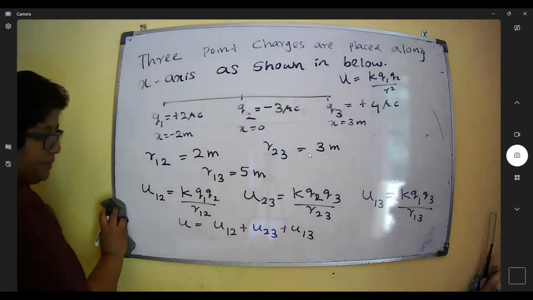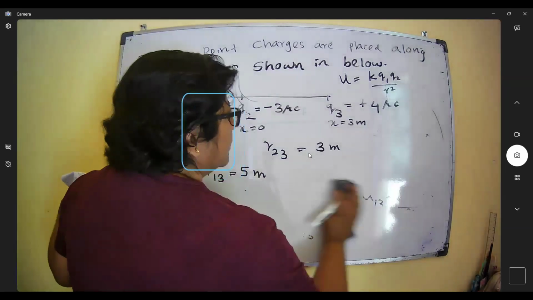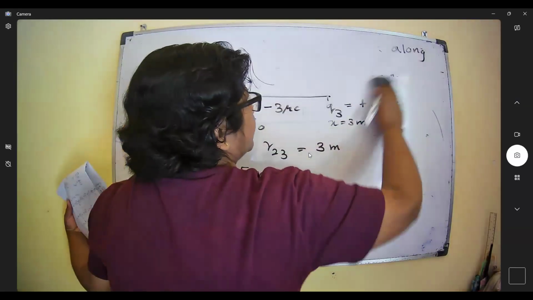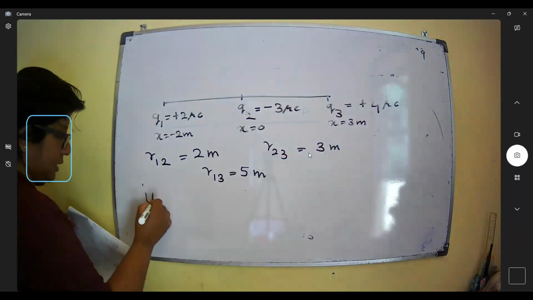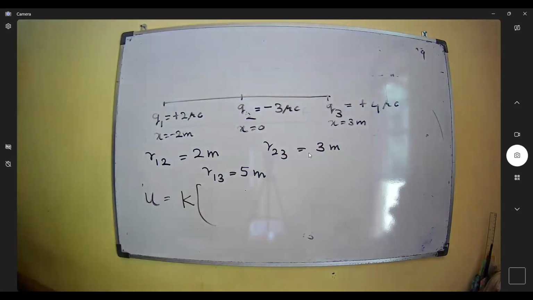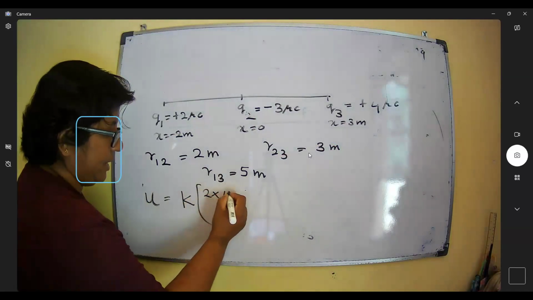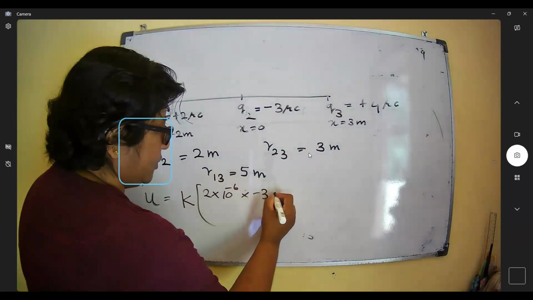Then we can substitute the values. U is equal to, taking K out of the bracket, for 1 and 2: 2 times 10 to the minus 6 into minus 3 times 10 to the minus 6.